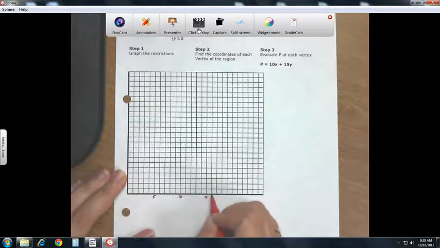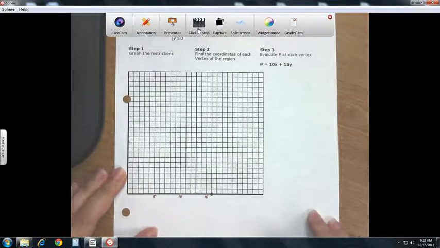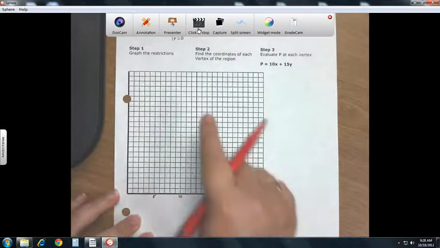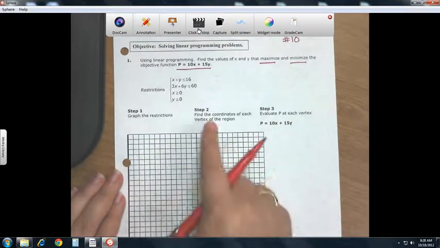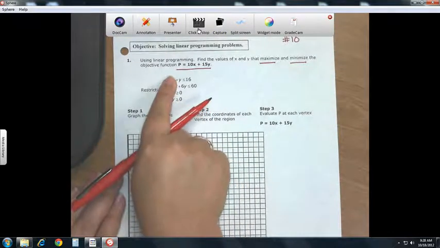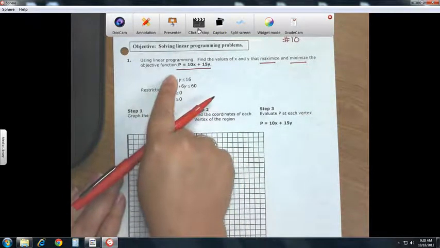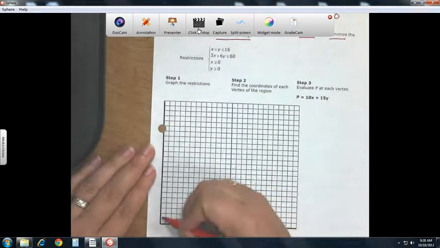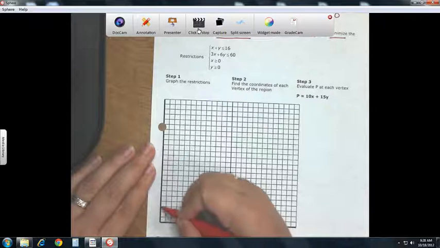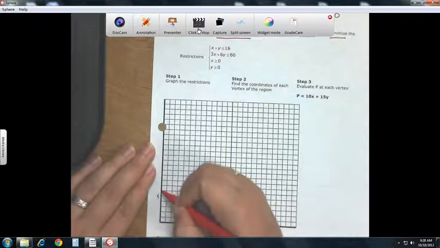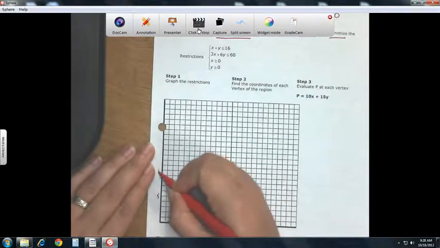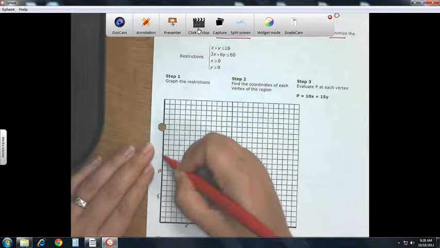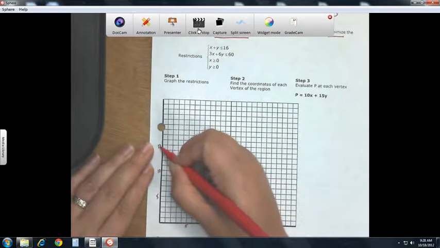Now I'm going to find the y-intercept. I'm going to go back up to my equation, cover up the x so I can get the y-intercept, and my y-intercept is also 16. Now I'm going to draw in that line.